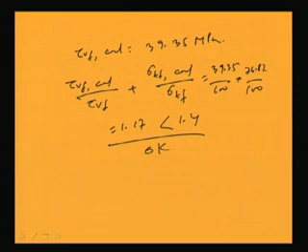So, this is okay. The design is okay, the configuration of the joint whatever we have made is okay. In this way we can check. And if this is not okay, if this value is coming more than the limit, then we have to increase the number of rivets. So, the details will be like this.